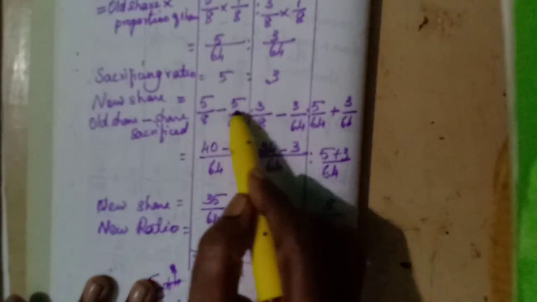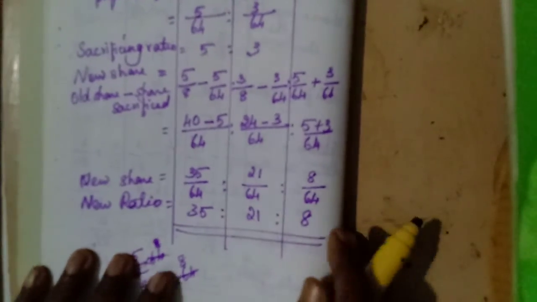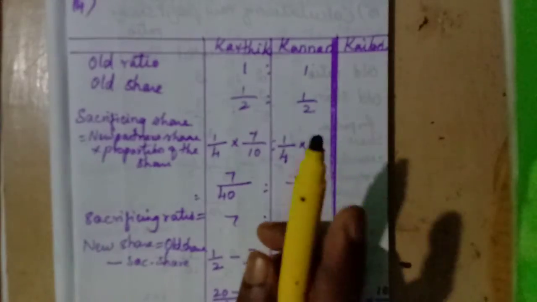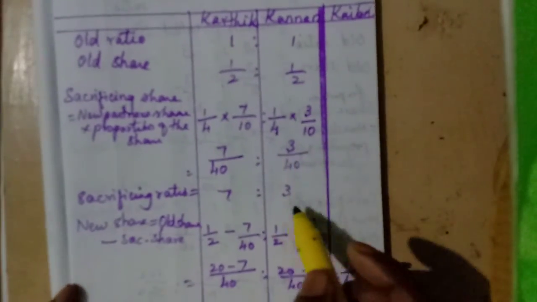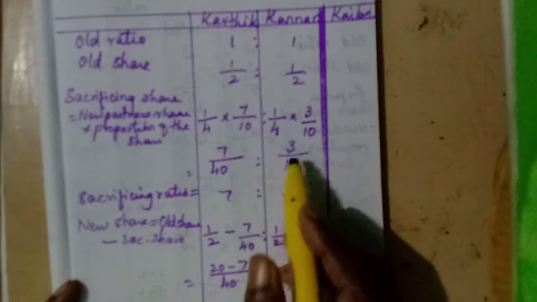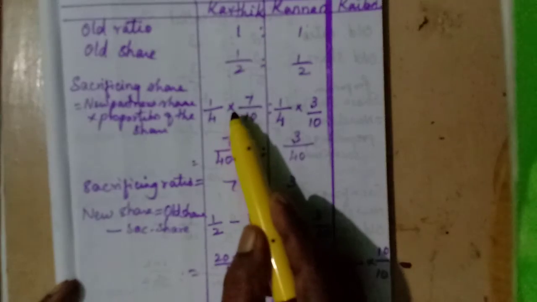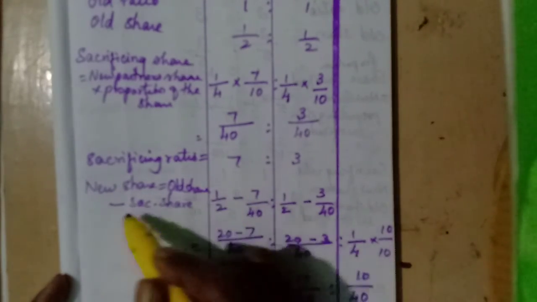The new share is old share minus share sacrificed. Then the same model: proportion of the share sacrificed given. We should multiply by the new partner's share. We will get sacrificing share and ratio. Then new share is equal to old share minus sacrificing share.